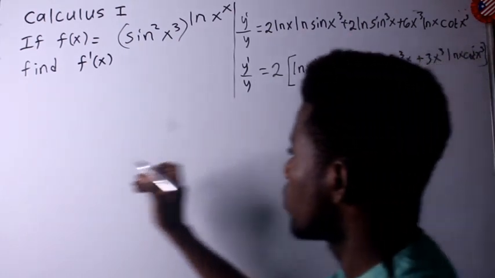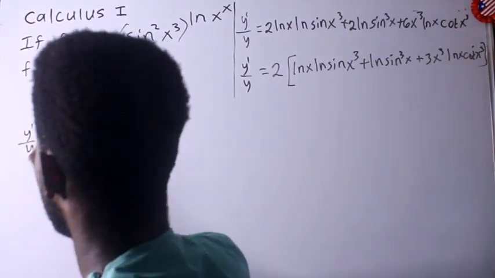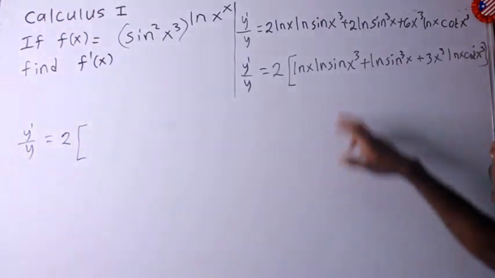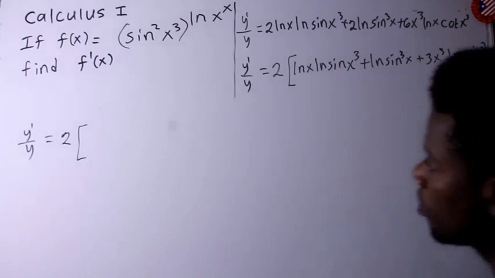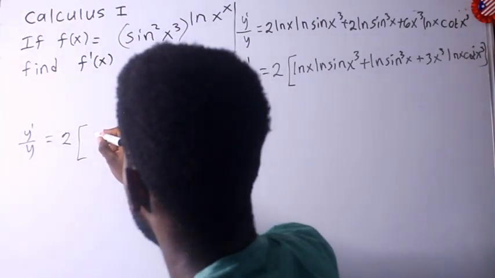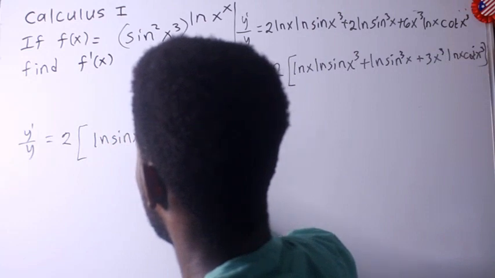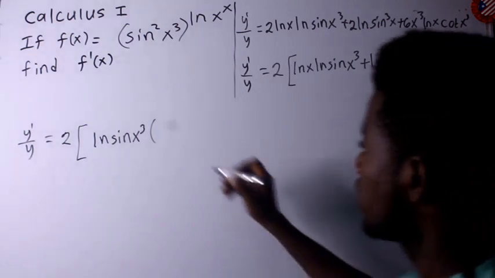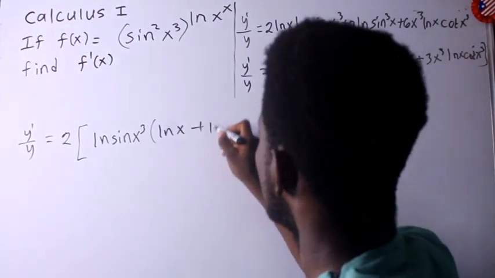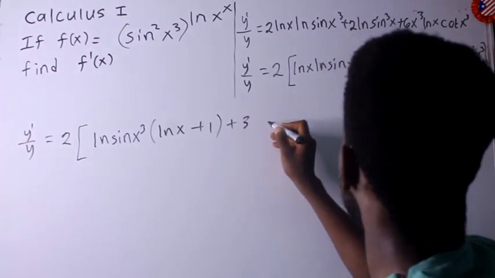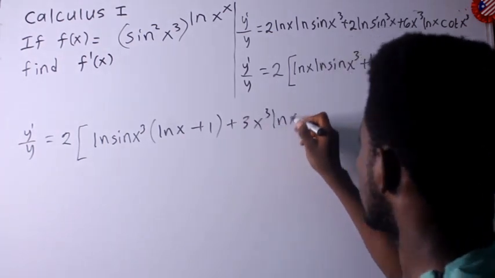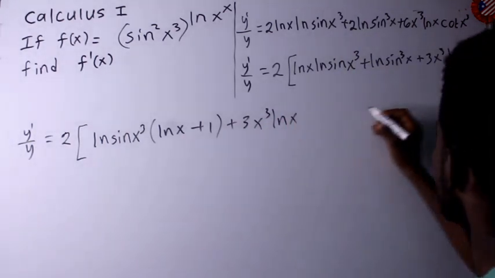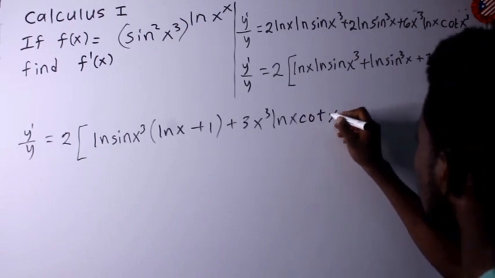We are going to have y prime over y is equal to 2 bracket open. Now in here I have ln of sin x cubed, ln of sin x cubed. I can factor out the ln of sin x cubed and I will be left with ln of x plus 1, and then plus 3x cubed ln of x, and then the last one there is cotangent x cubed.